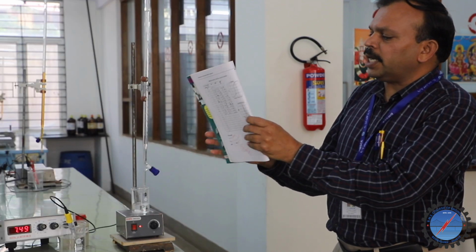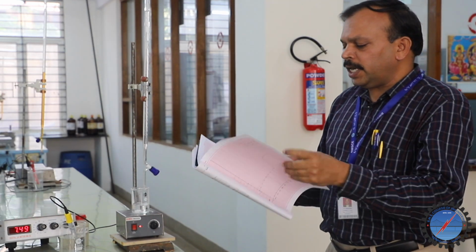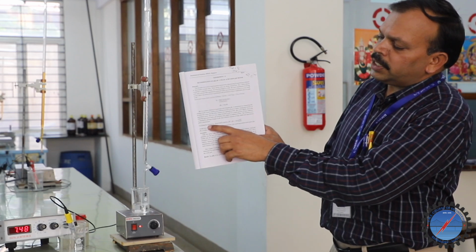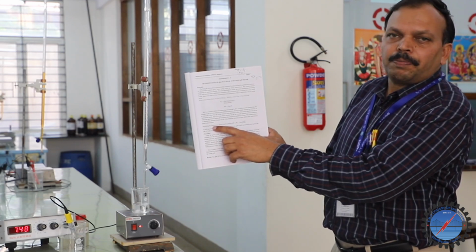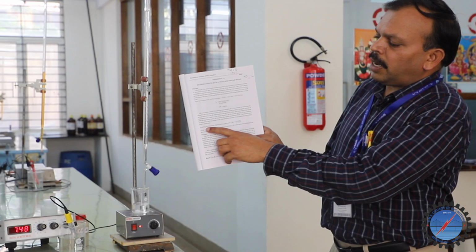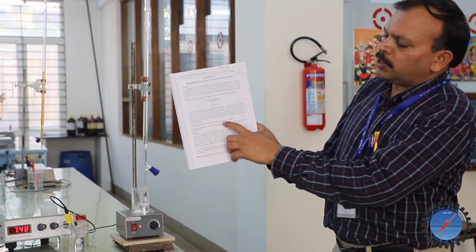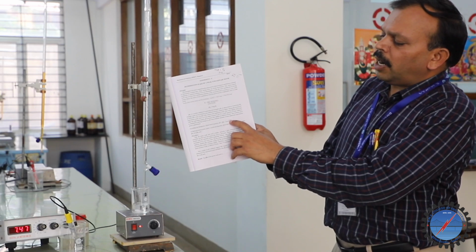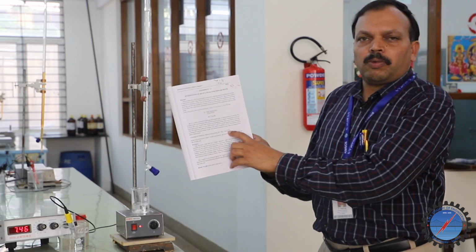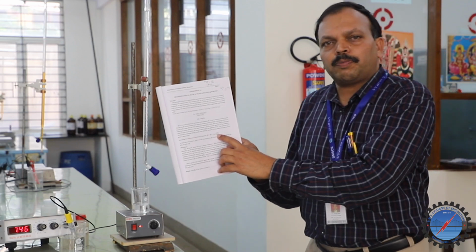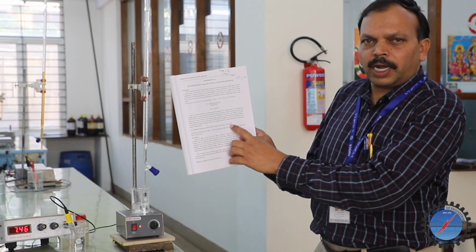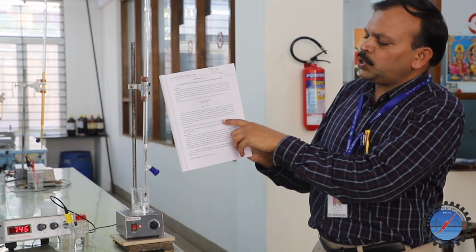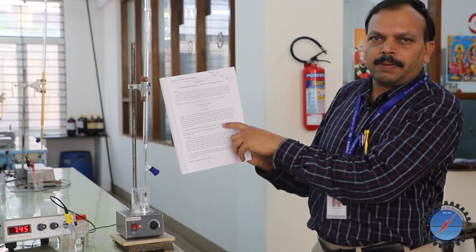Next, this data we are going to use with the theoretically determined Henderson-Hasselbalch equation. It is given in our practical manual. The Henderson-Hasselbalch equation is pH equals pKa plus log salt by acid. The postulate is that at half equivalence, the ratio of salt to acid becomes the same.